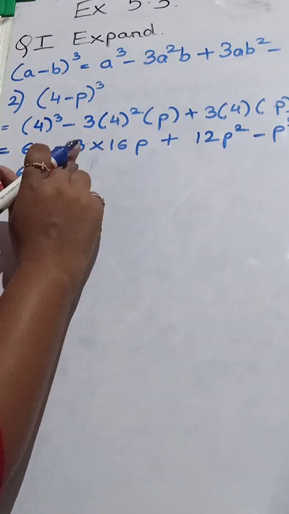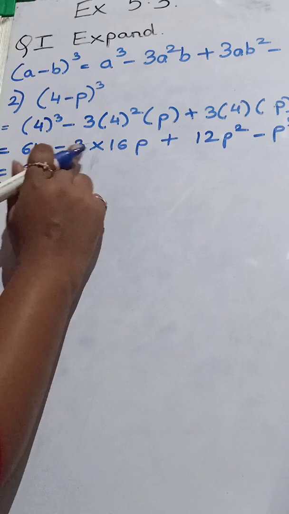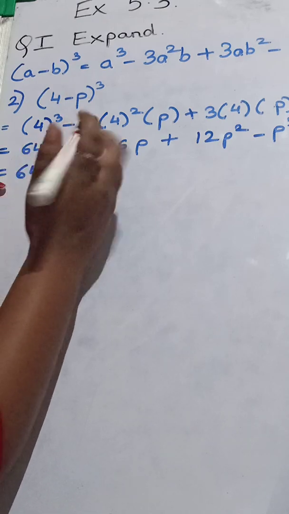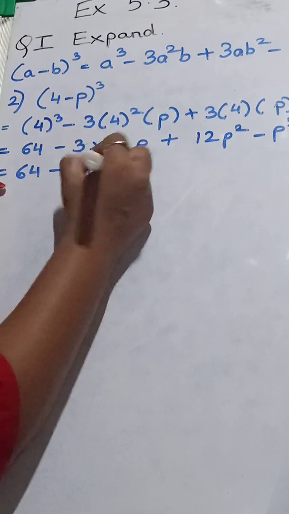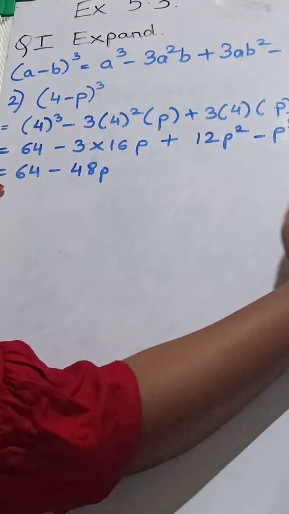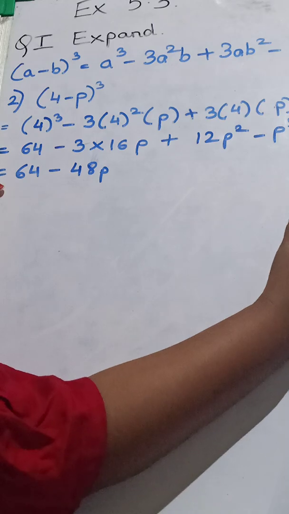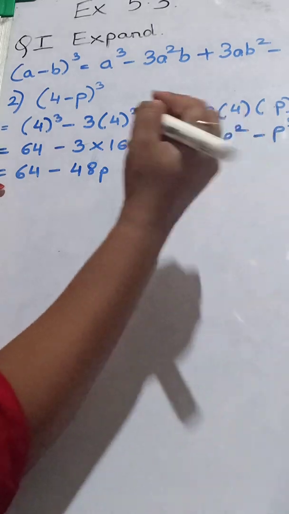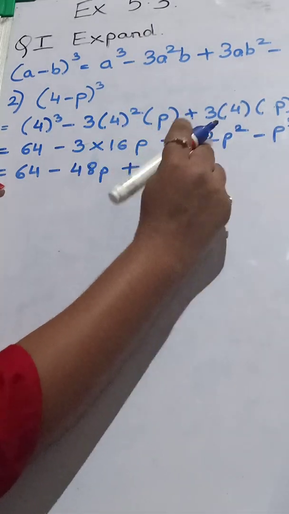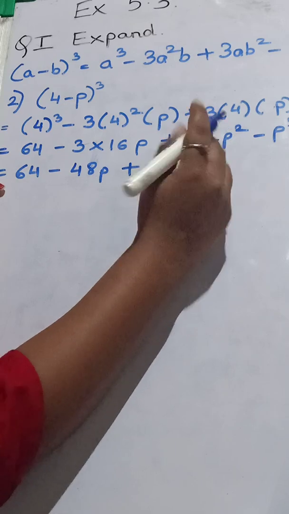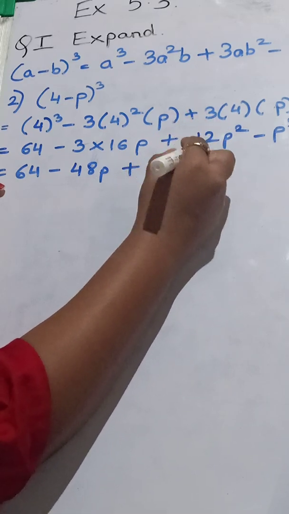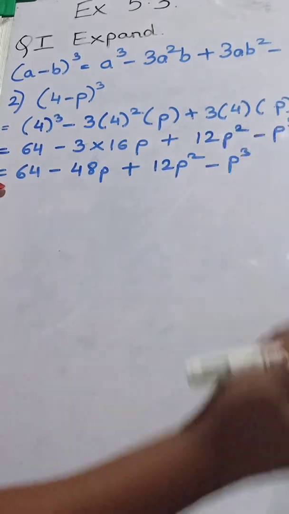Now we have to do 16 threes are, that is 16 into 3. 6 threes are 18, 3 ones are 3 and plus 1 is 4. That is 48p plus 12p square minus p cube.